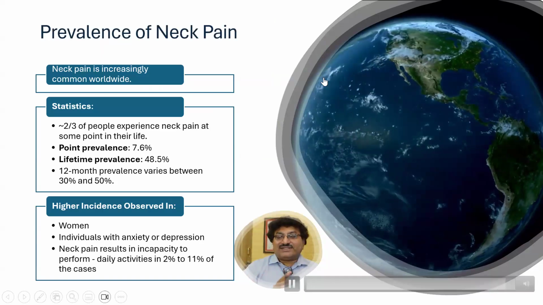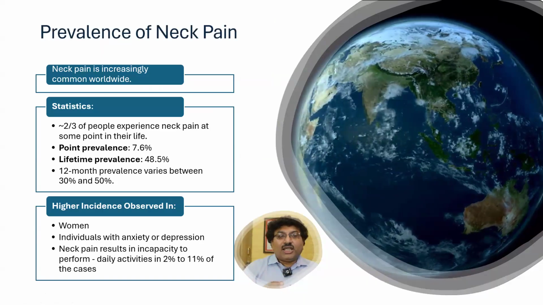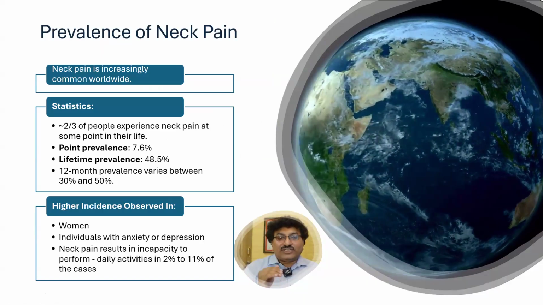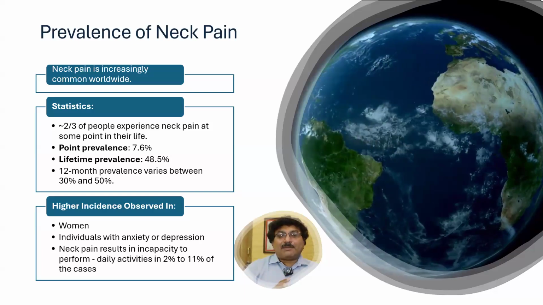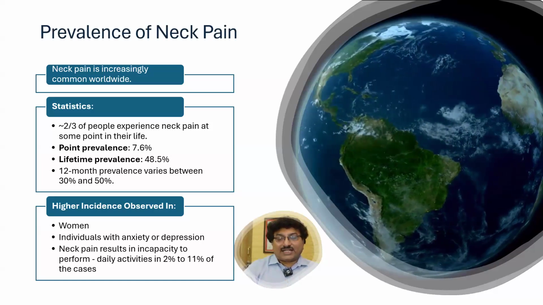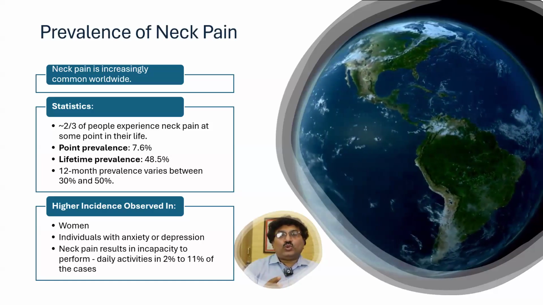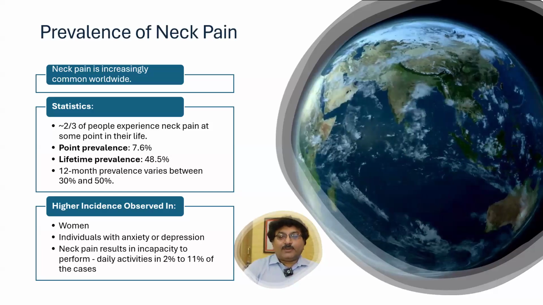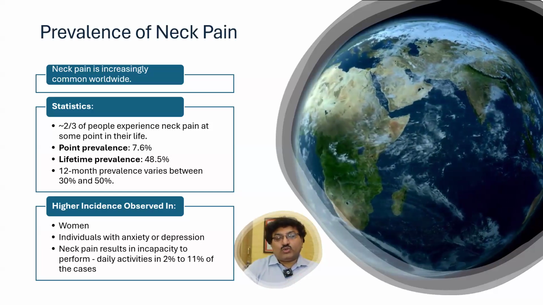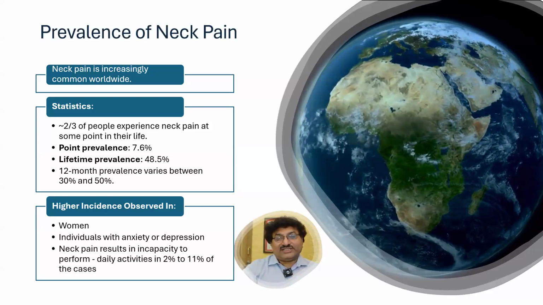Higher incidence is found in women and individuals with anxiety and depression, and neck pain results in incapacity to perform daily activities in around 2 to 11% of these cases. So we can understand neck pain is a big issue all over the world, whether it's India or outside.